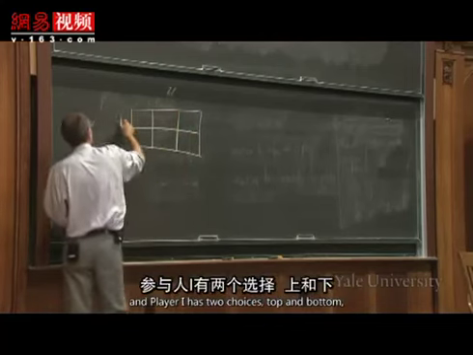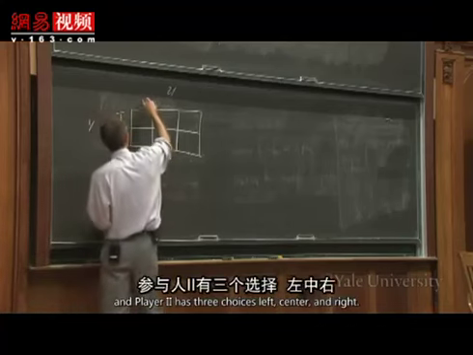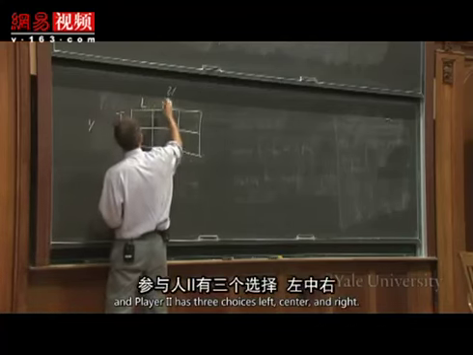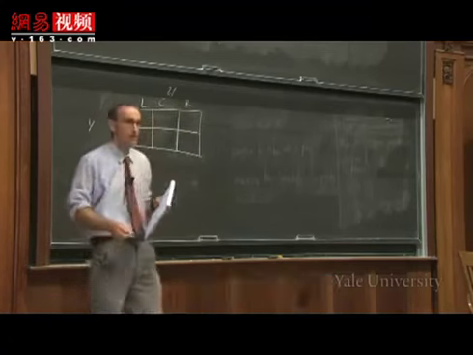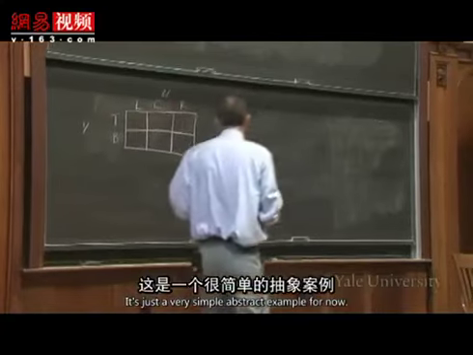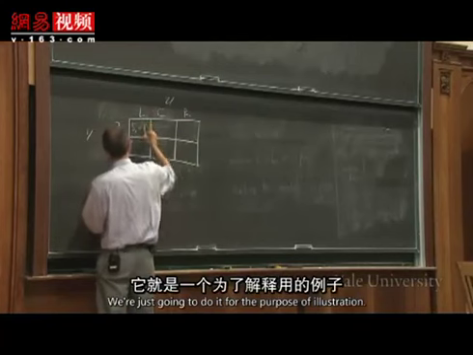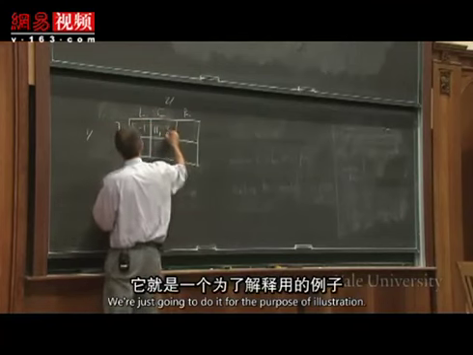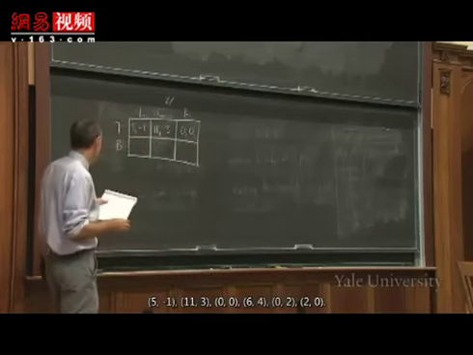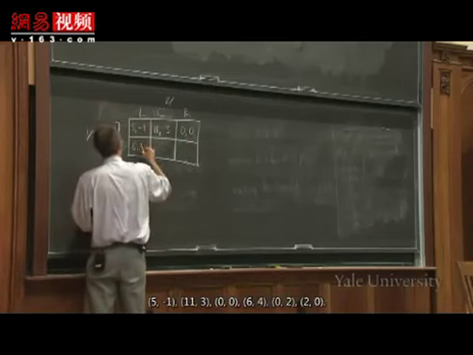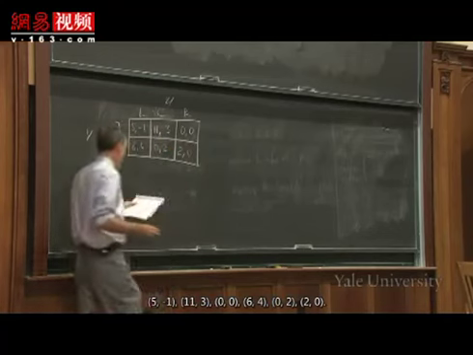Player 1 has two choices, top and bottom, and player 2 has three choices, left, center, and right. It's just a very simple abstract example for now. Let's suppose the payoffs are like this. They're not particularly interesting. We're just doing it for the purpose of illustration. So here are the payoffs: 5, minus 1, 1, 1, 3, 0, 0, 6, 4, 0, 2, 2, 0.